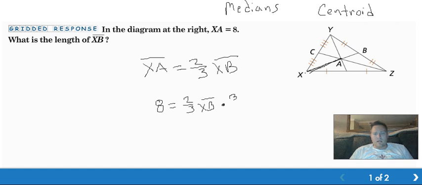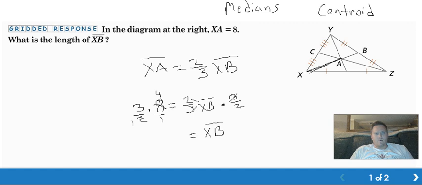So we need to multiply this side by 3 over 2, because then the 2's will cancel and we're left with just XB, which is what we want. So we multiply one side by 3 over 2, we multiply the other side by 3 over 2. Okay, so I'm going to cross cancel. 2 goes into both of these, so I simplify that to 1, I simplify this to 4. Now I can multiply it out.